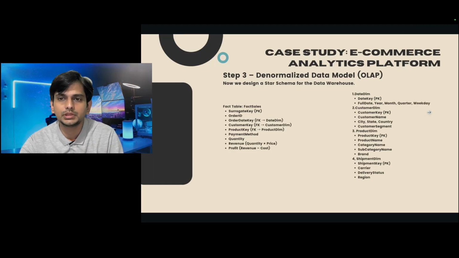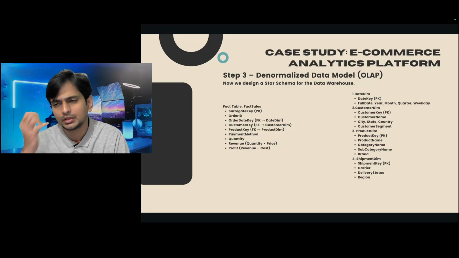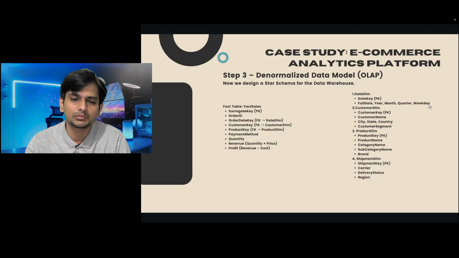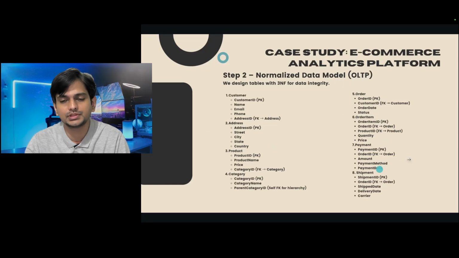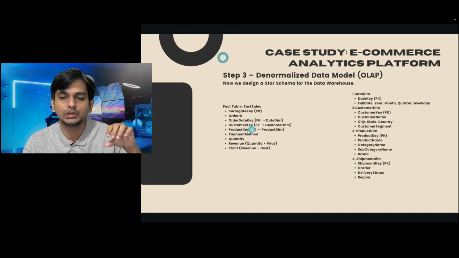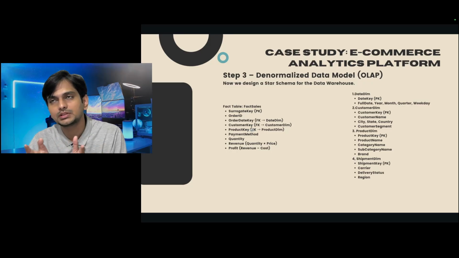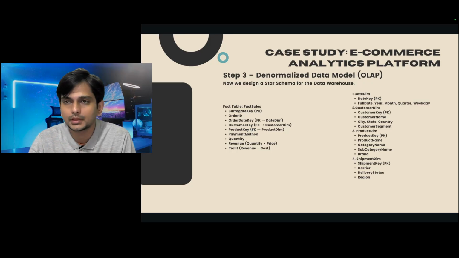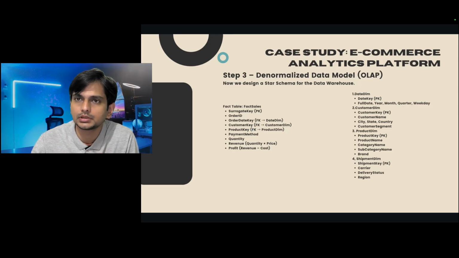Step three is to concentrate on OLAP. OLAP means you need to denormalize. That means you need to have a very small number of tables. We are merging all the attributes from all of these tables into the minimum number of tables, making them into fact and dimension tables. Ultimately, OLAP is more of a data warehouse scenario, where you design a star schema.